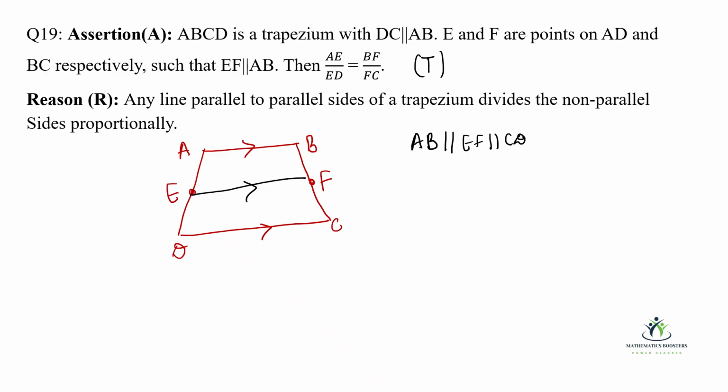This is also true. यही चीज हो रही है assertion में. Hence, this R is the correct explanation of A. So our result is A. Both are true, and R is the correct explanation.